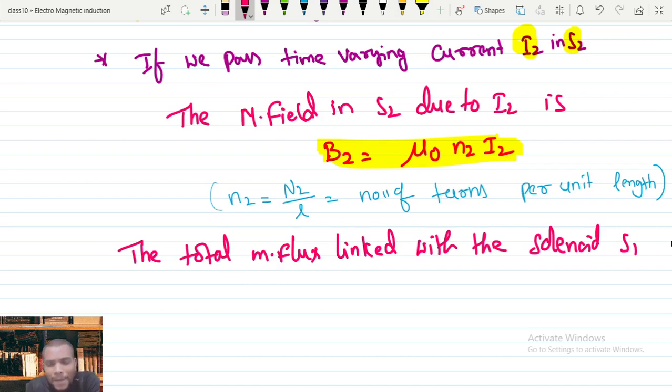So the same magnetic flux which is developing in S2 will change through solenoid S1.